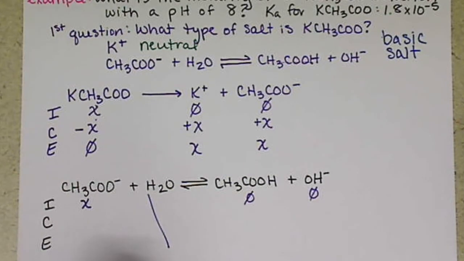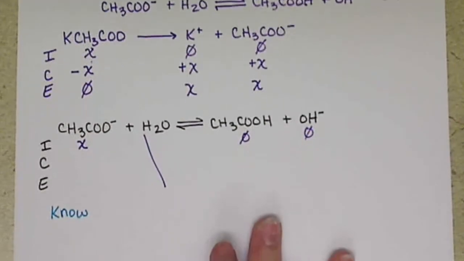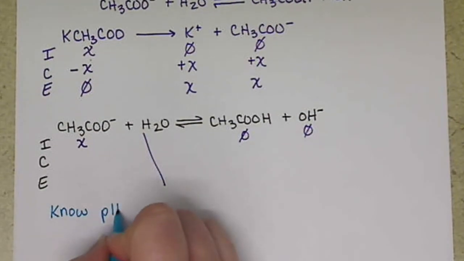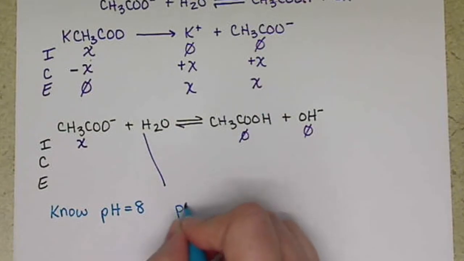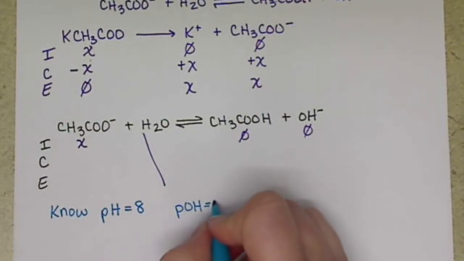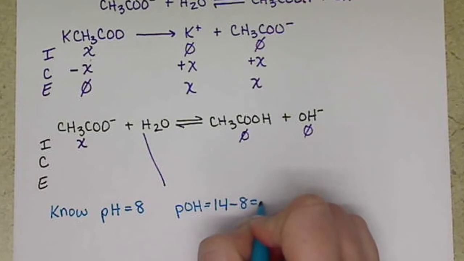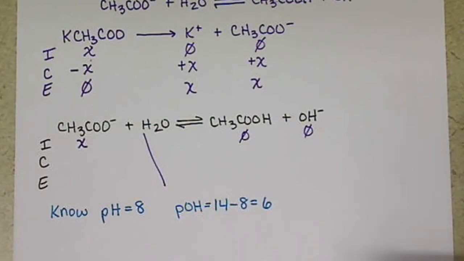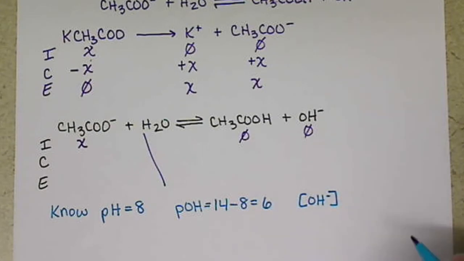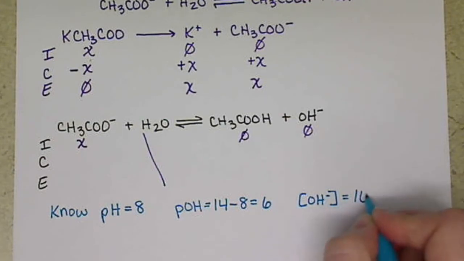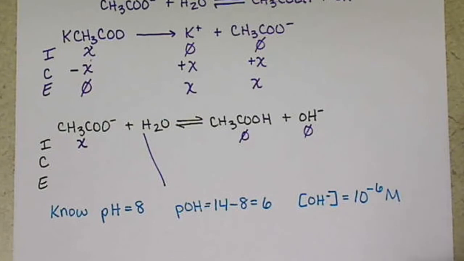So we know that our pH is equal to 8. So our pOH is going to be 14 minus 8. So we have 6. And therefore our concentration of OH- is going to be 10 to the negative 6 molar.